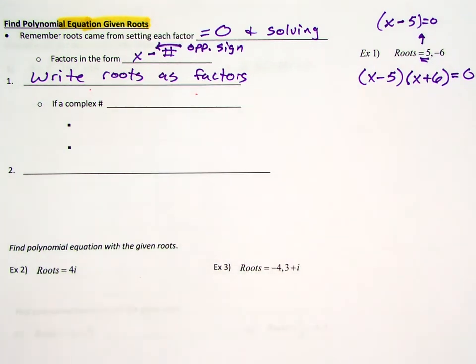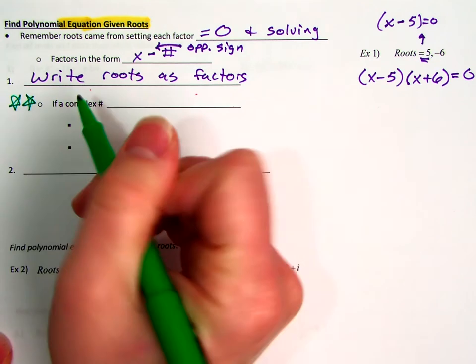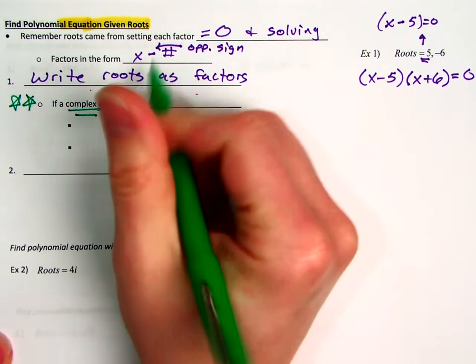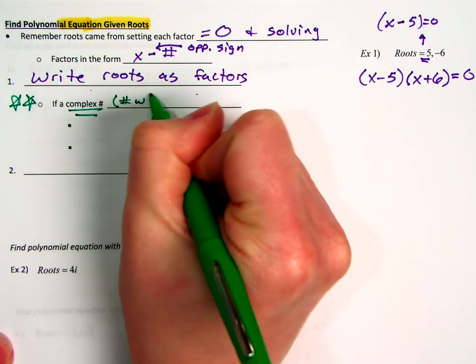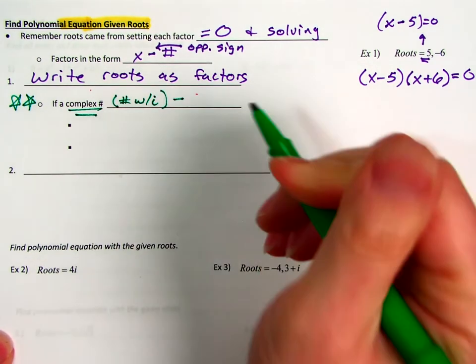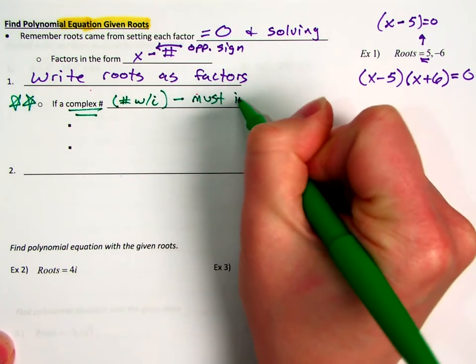The one thing you'll need to remember, which will be really big as you move on in these problems, is what happens if it's a complex number. If you don't remember, complex numbers are the numbers with the i in it. When that happens, you must include the conjugate.